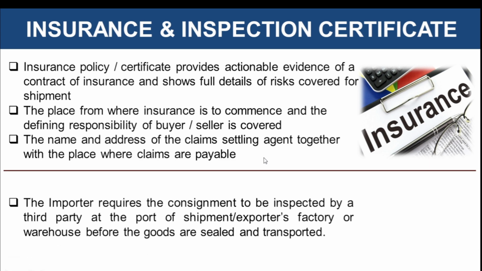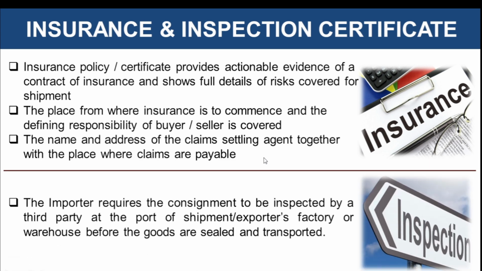Coming to the last one, which is the inspection certificate, the importer requires the consignment to be inspected by a third party at the port of shipment or warehouse before the goods are sealed and transported. So the seller does it on the requirement of the buyer that the goods being shipped should be inspected by a third party before they leave the warehouse, and that's what is presented in the form of an inspection certificate.